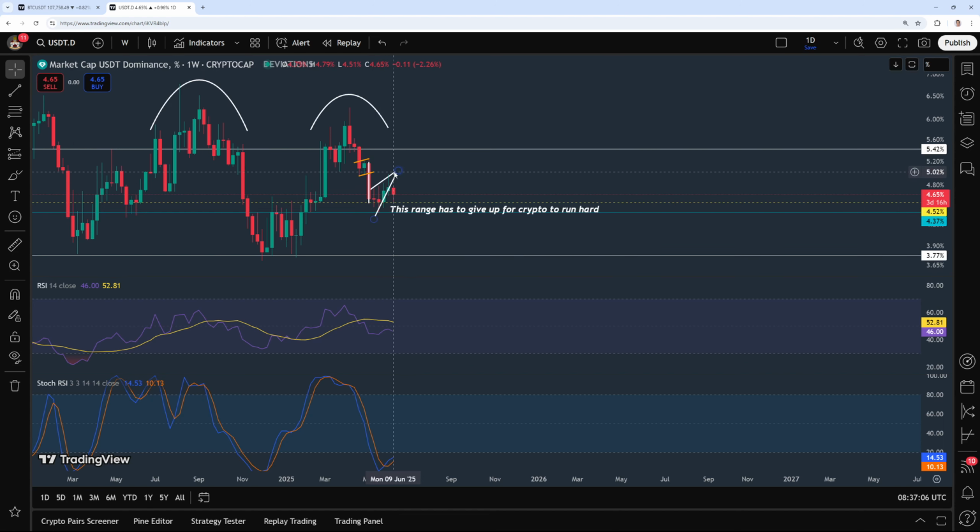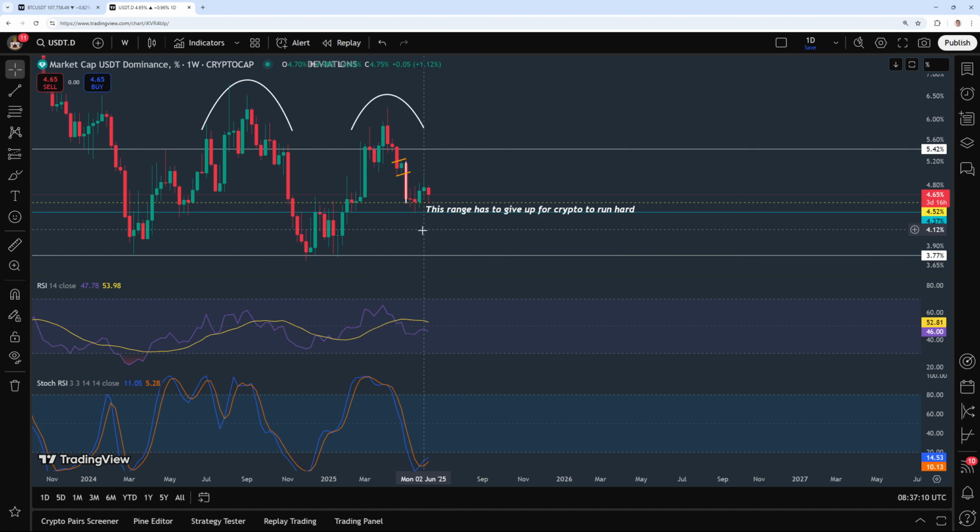You could argue this rising wedge. You can see by the weekly wicks that it obviously found support here, but it's also grabbing liquidity the same way it did here several times before pushing back up. And you could argue that this, apart from the rising wedge on the daily, is another bear flag. You could argue it is.